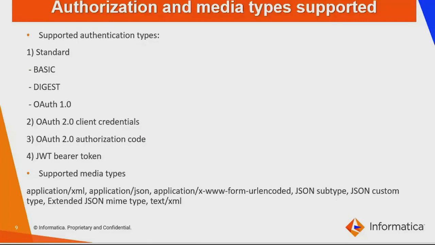And the media types which are supported by the REST V2 connection are application XML, application JSON, application x-www-form-urlencoded, JSON subtype, JSON custom type, extended JSON MIME type, and text or XML. The other media types are not supported by the connector.